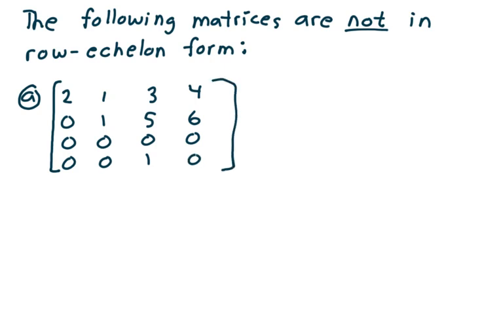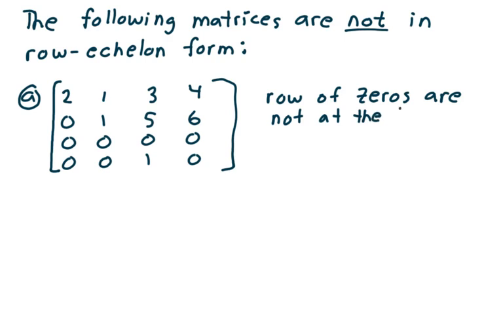It just takes one condition to fail, right? There are really two conditions that fail here. If we look at the row of zeros, the row of zeros is not at the bottom. That's enough, and this matrix is therefore not in row echelon form.